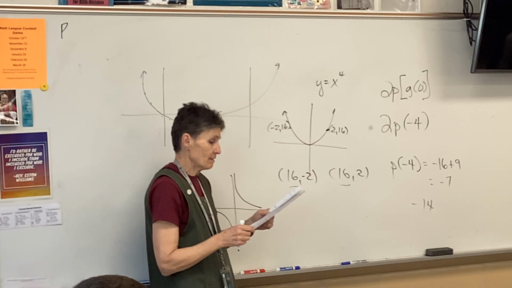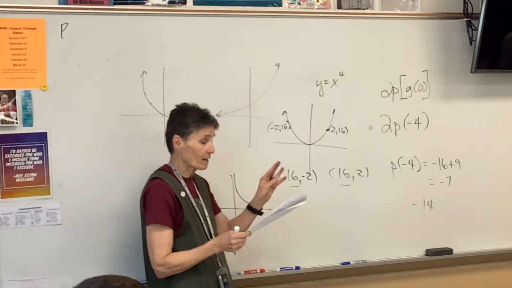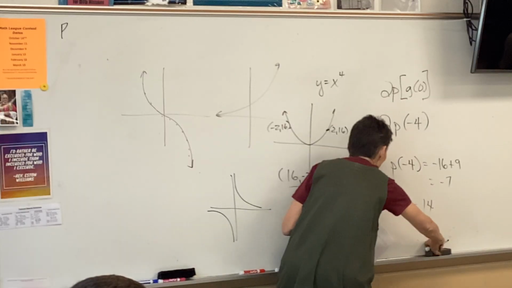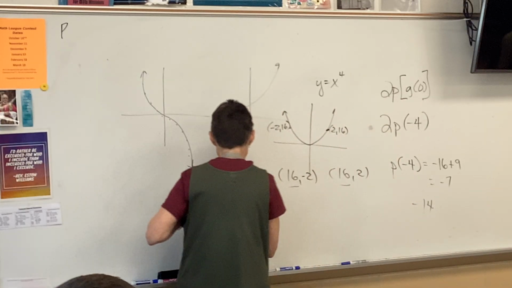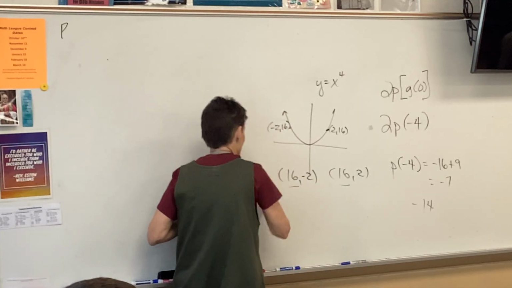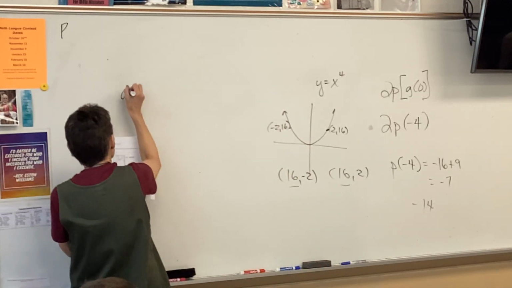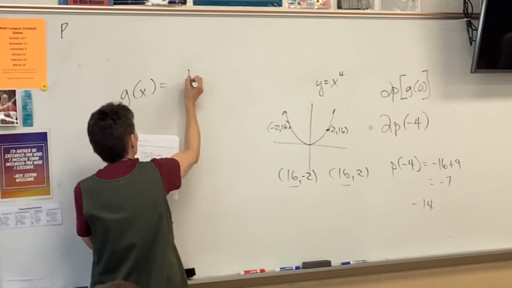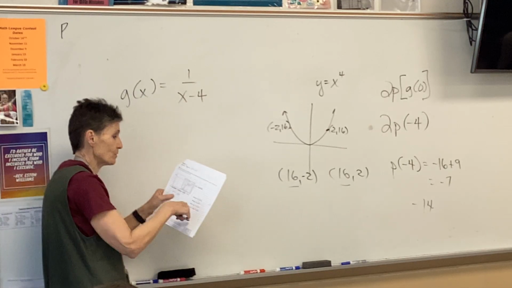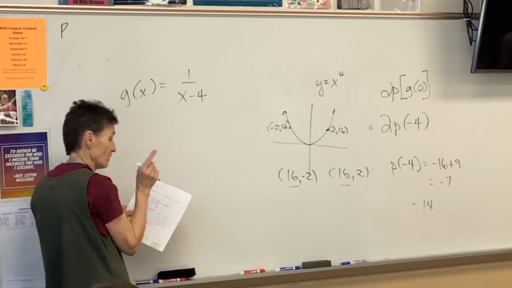Without finding the inverse, okay? So we're not gonna find the inverse, but we're gonna answer all these questions about the inverse. So here's my function. Let's answer these questions about the function.